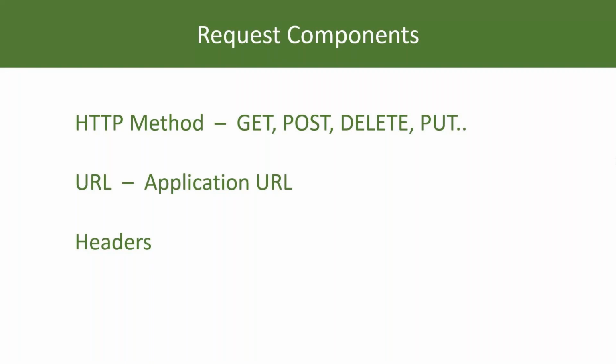Okay, and then finally it is the body. Body usually contains the parameters that are getting sent to the server. So with or without body, the request is still complete if it has the first three components, that is method, URL, and headers.